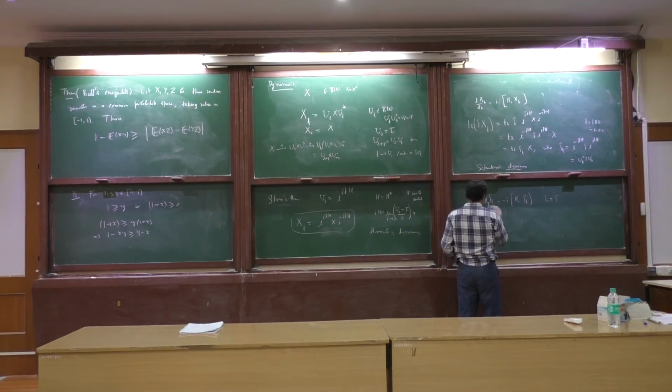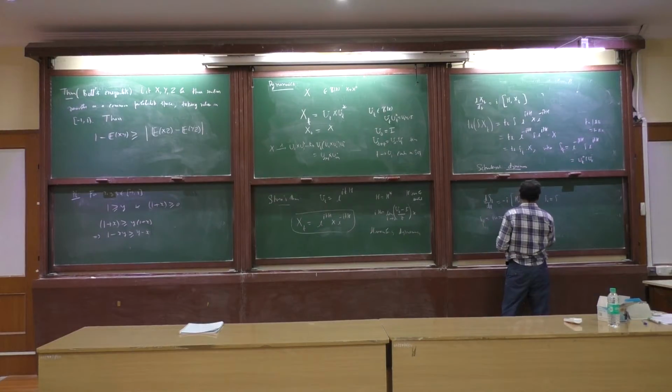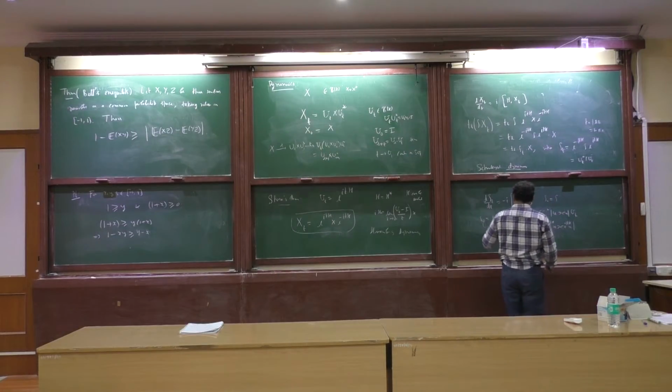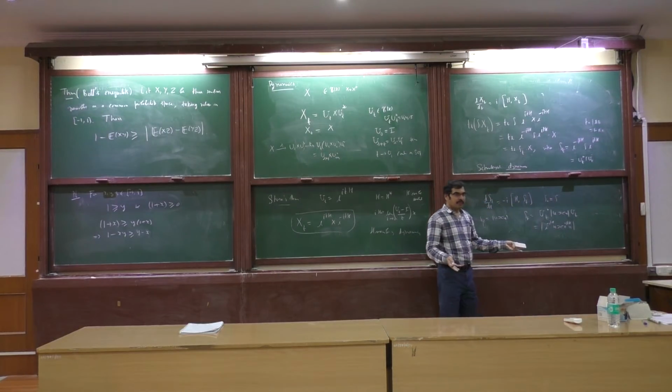And you may also do it starting with the pure state. In that case, rho_t is just e to the power minus itH, U_t star U. So if you start with the pure state, the rho_t also would remain a pure state.